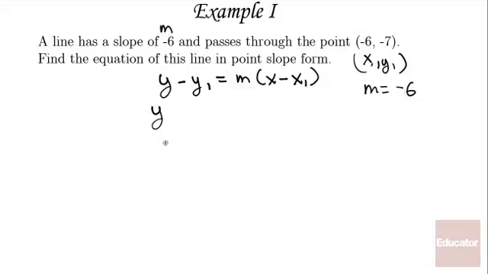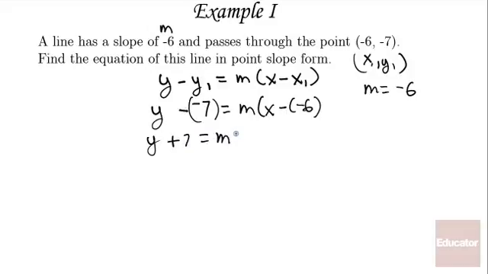Putting this in the correct form, I would get y minus -7 equals m times x minus -6. Therefore, I have y plus 7, because a negative and a negative give me a positive, equals m times x plus 6, since minus -6 also gives a positive.